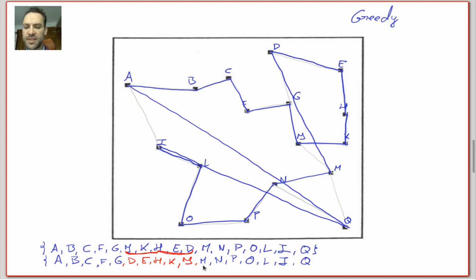Well, the first time is a bit difficult, but once you can notice that this new solution just removes the edges from G to J, so this edge is removed, and the edge from D to M. So this one is removed.